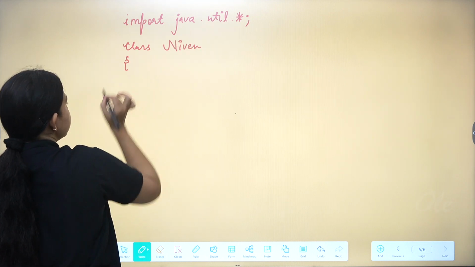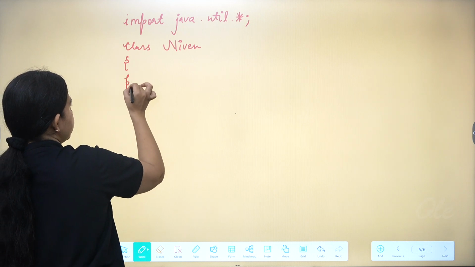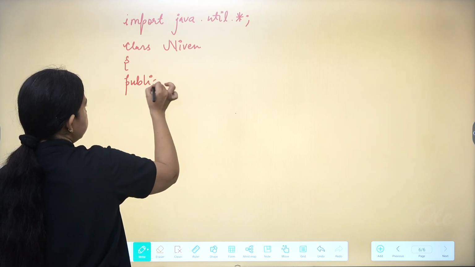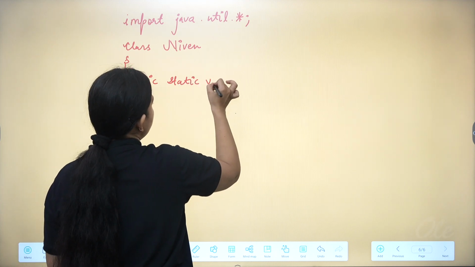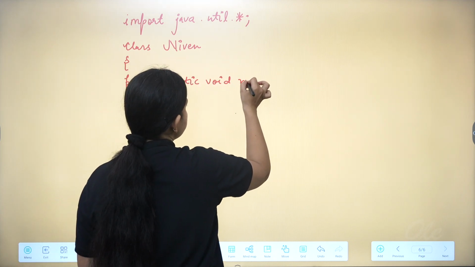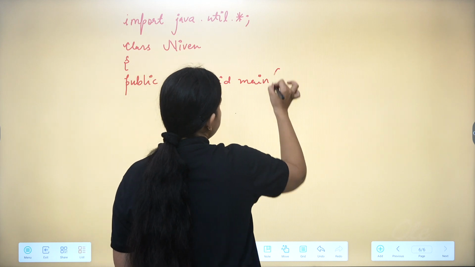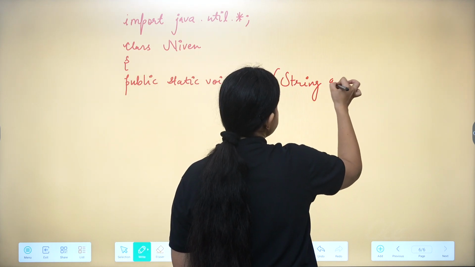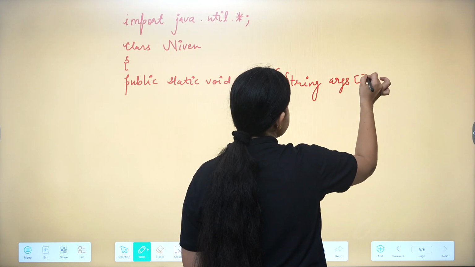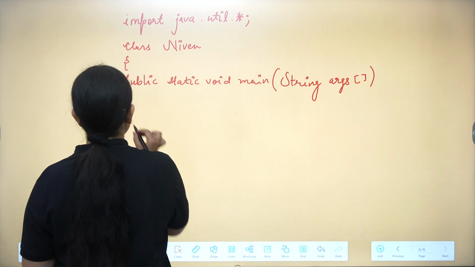So I'll write Niven, curly bracket. This is the opening of class. The main method: public static void main, we pass the argument in the string form, so I'll write String args and the square brackets.